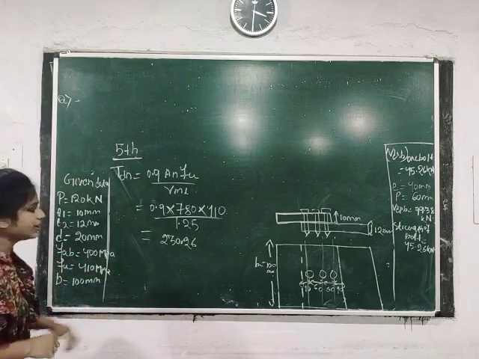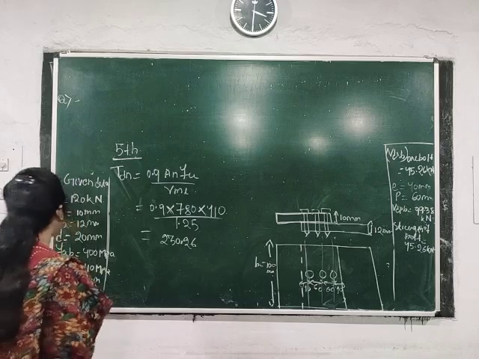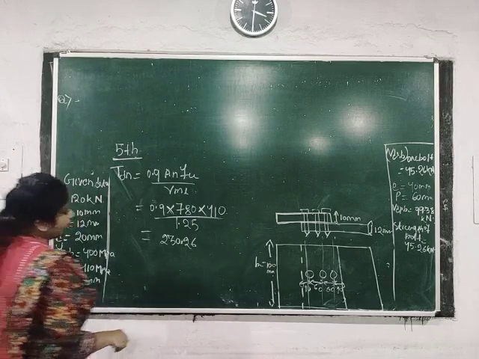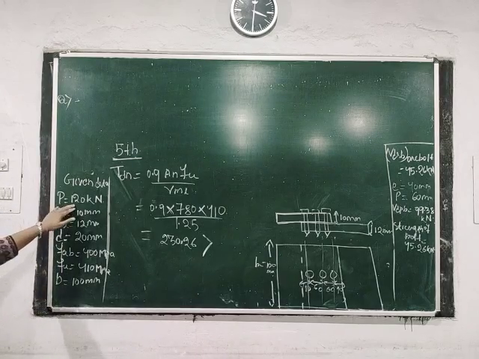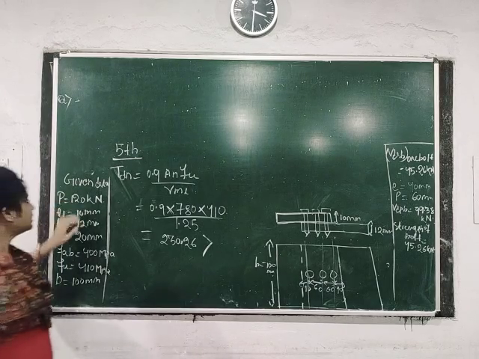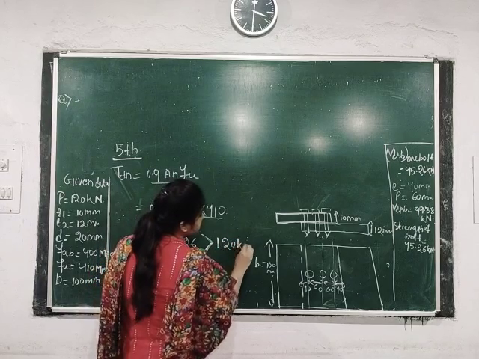Here you can see this rupture strength of plate value is coming greater than the load that is to be transmitted by the joint, and that value is already given in the question. So this value is greater than 120 kilonewton.